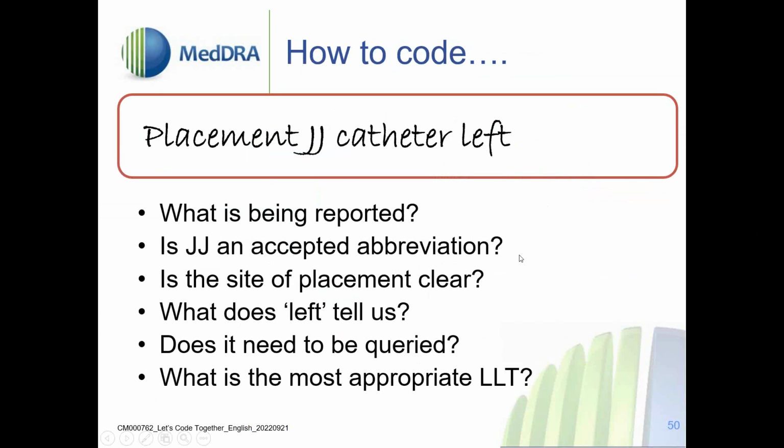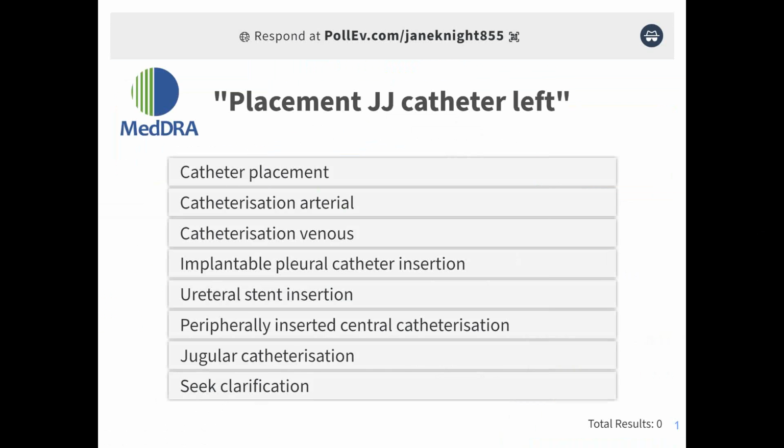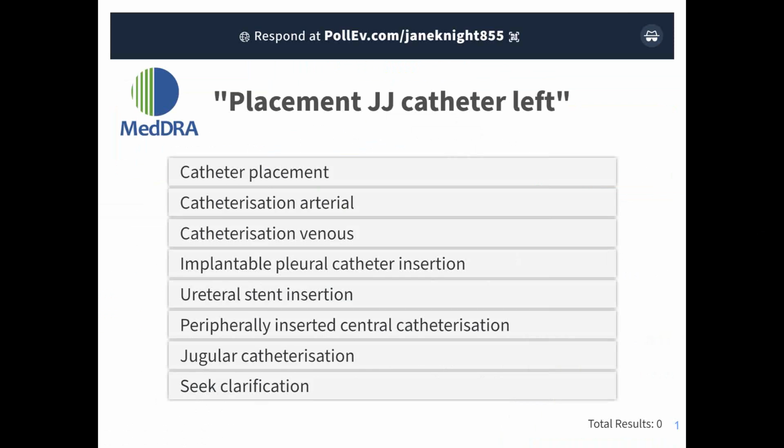What will we do? So here's again your turn. Several choices here: catheter placement, catheterization arterial, catheterization venous, implantable, pleural catheter insertion. Also could be left or right. Ureteral stent insertion could also be left or right.